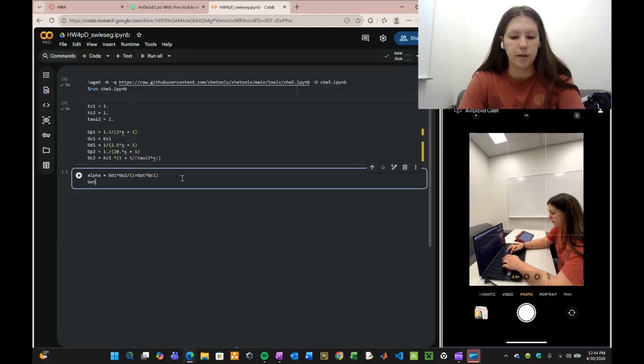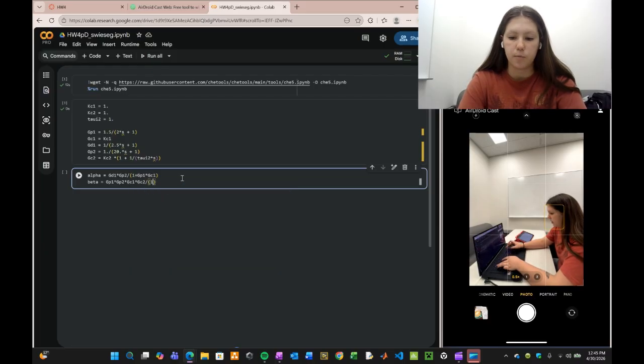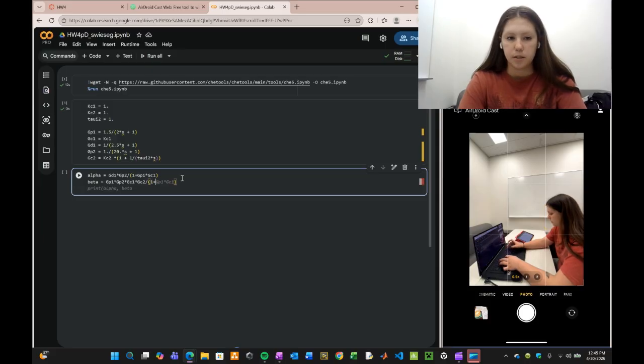And then our beta is equal to GP1 times GP2 times GC1 times GC2 divided by 1 plus GP1 times GC1.